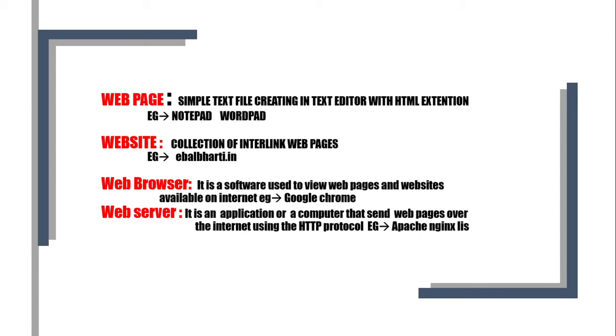But when we create a web page with the HTML head, title and all these things, and want to run the program in our browsers, we give the extension .html.